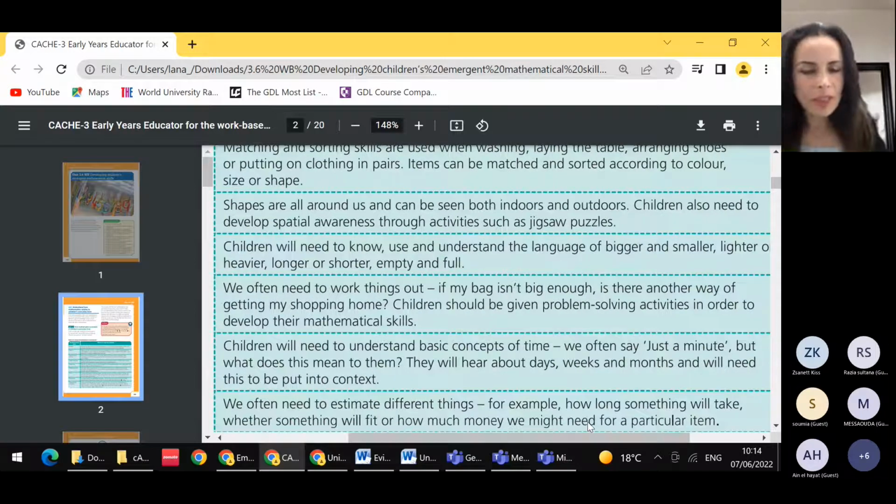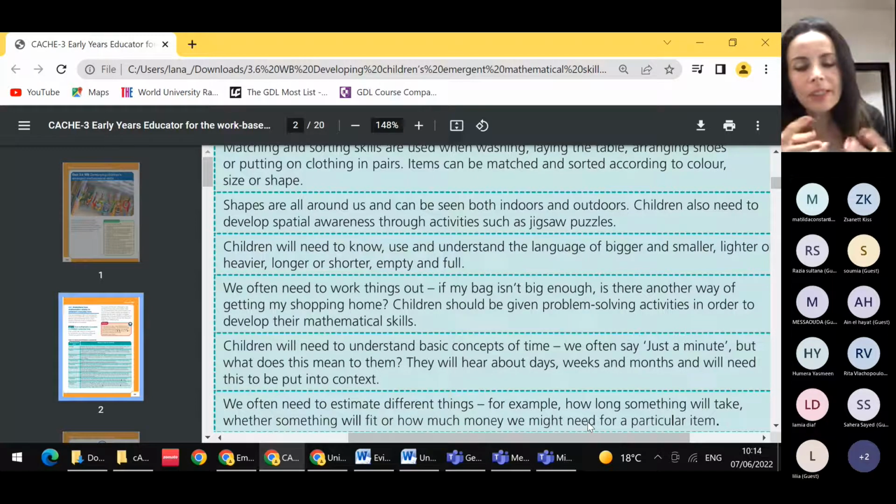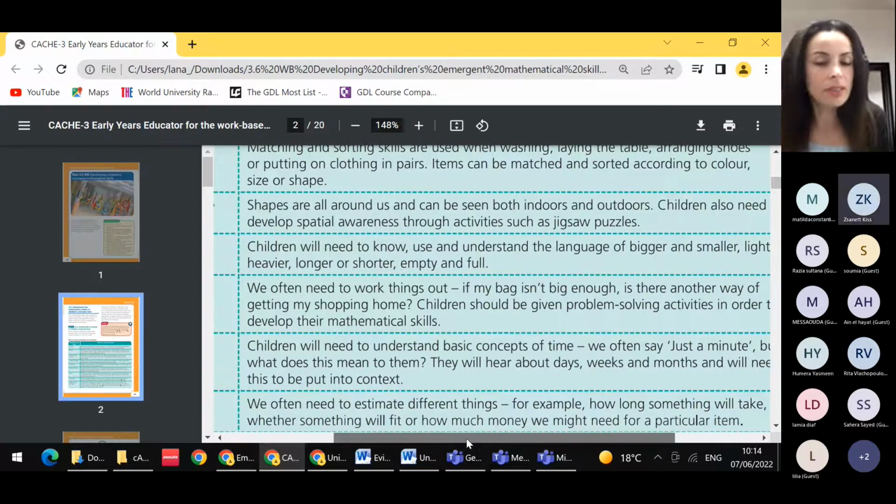Even when the children play with a jigsaw or puzzle, these are all different shapes. They have to put them together. This all needs mathematics. There are some squares, some rectangles, triangles. These are all shapes you can study in mathematics.